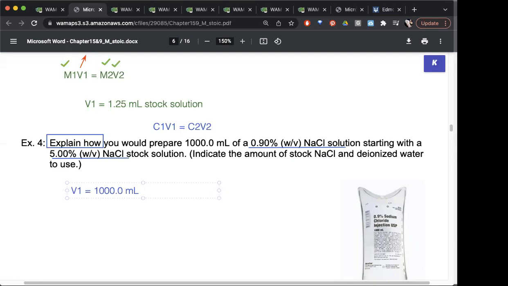Of that 0.90% NaCl solution. And we're starting with that more concentrated solution, which is 5.00% NaCl solution.